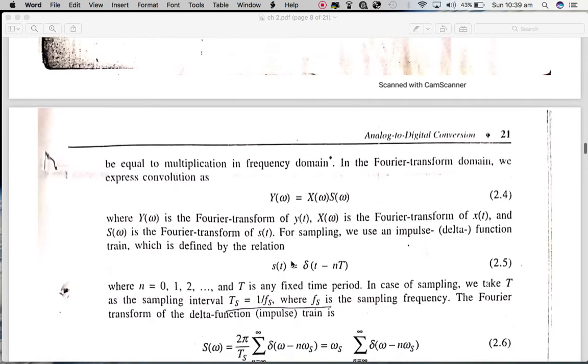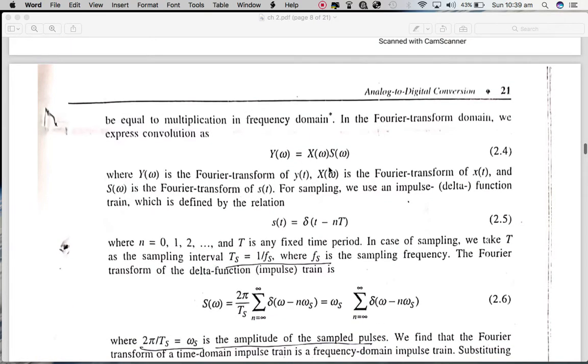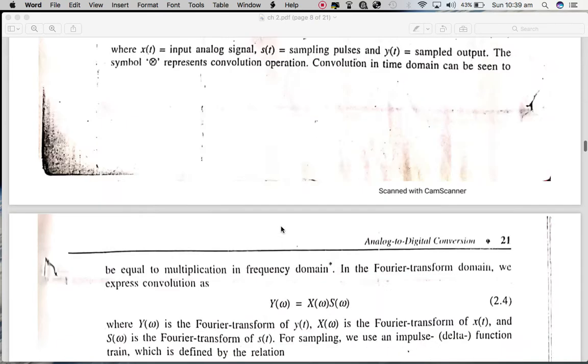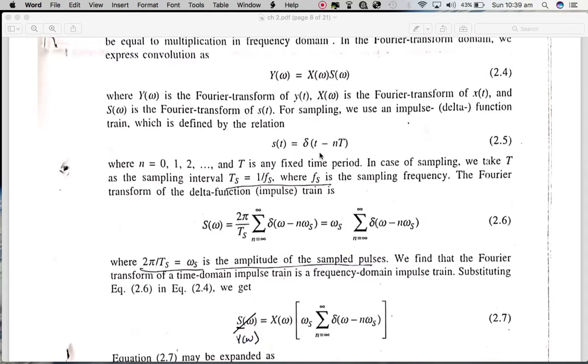So this is the frequency transformation of this equation, and in this we already know that s(t), which indicates a train of impulses, can be represented by this delta T, and these are the samples coming after a regular time period interval, the sampling interval, represented by capital T, and reciprocating it gives the frequency, which is the sampling frequency.